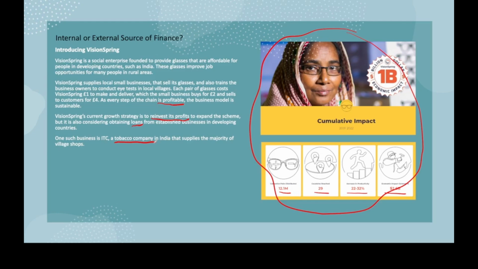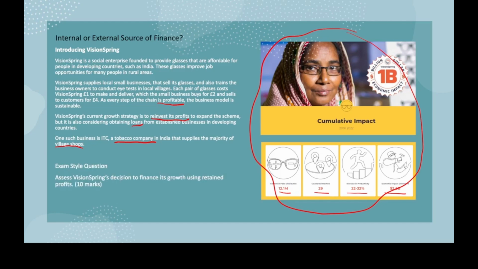So maybe, yes, they can get loans from this company, and the benefit is they're in all the village shops, which is great because you've already got an established supply chain, and we can pop in and start selling our glasses. But if you think about it, this could really damage the reputation of this ethical company. It might be one of those partnerships that they're willing to tolerate for the greater good, but it's something to be interested in. Now, the question that came up was this one.